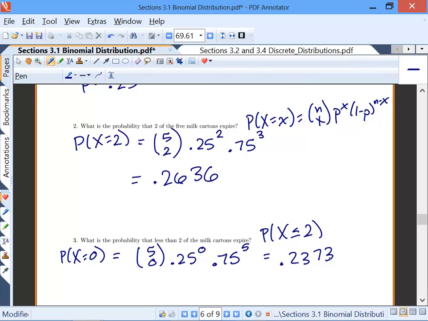So, 0.2373. Usually if I'm going to be working with probabilities, I'm in the habit of doing up to 4 decimal places.